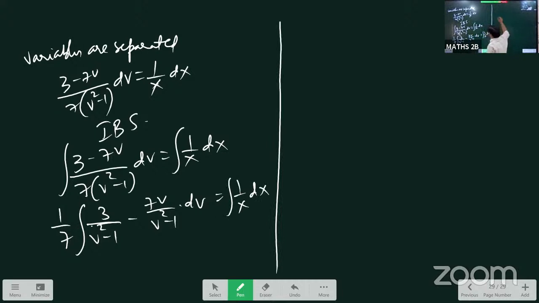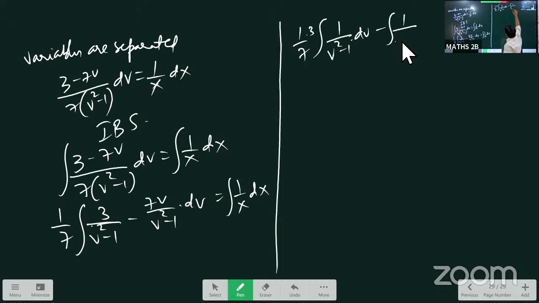Right. Now what am I going to get? 1 by 7, 3 also outside, integral of 1 by (v square minus 1) dv, minus 7 gets cancelled, integral of v by (v square minus 1) dv, and that is equal to 1 by x dx. Now this integration: 3 by 7 as it is, and 1 by 2a.